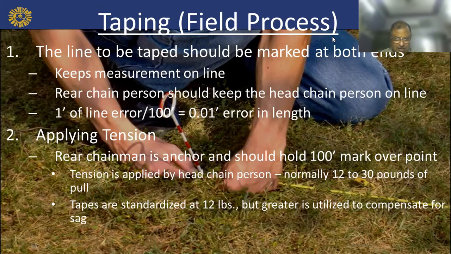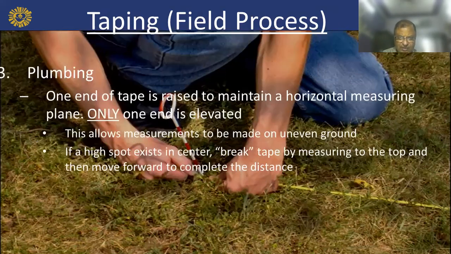The near chainman should hold the 100 mark, applying the tension, and the anchor should be at the 100 mark over the point, and plumbing.